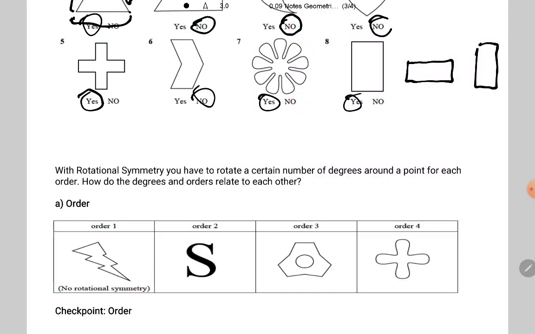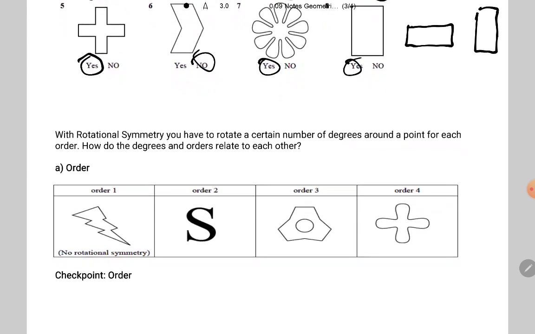Okay, so with rotational symmetry, there's also an order. And it basically tells you, if you rotate it, how many times can you get itself before you reach 360 degrees?